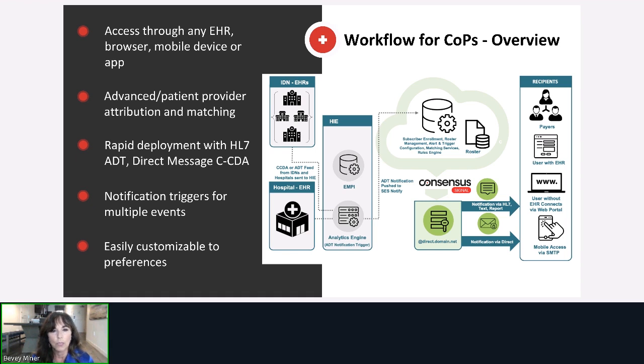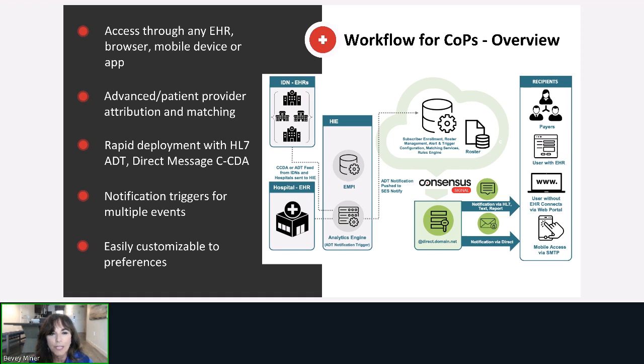So you can look at concerning lab results, you can look at a diagnosis that might be concerning. You also might be able to understand what medications were given to a patient upon discharge. And so the CCDA format is much better than an unstructured document for communicating this workflow.